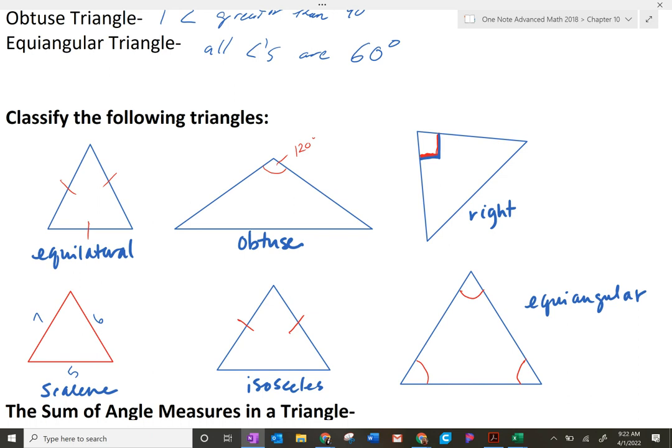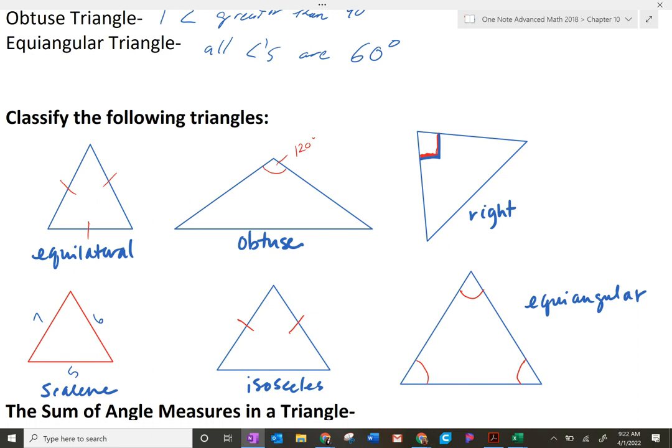So this one was showing three sides that are all the exact same length. That's why it's equilateral. This one has all different length sides. That's why it's scalene. This one has one angle that's greater than 90, so that one's going to be obtuse.